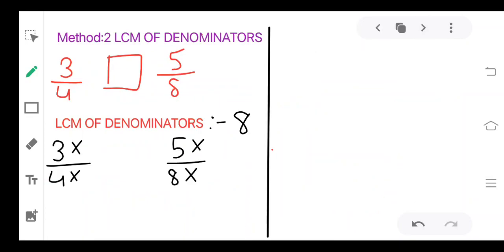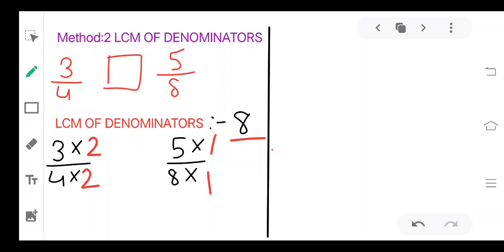Now, students, we are going to solve the same sum with a different method, and that is LCM. Students, we have to take the LCM of the denominators. So the LCM of the denominators is 8. So 4 into 2 becomes 8, and 8 ones are 8.